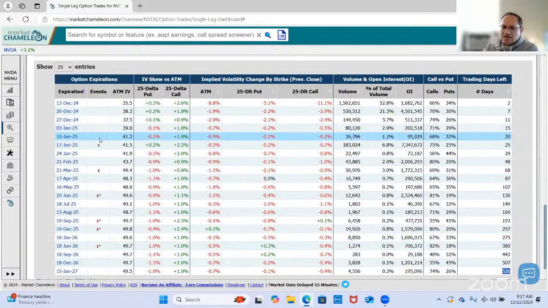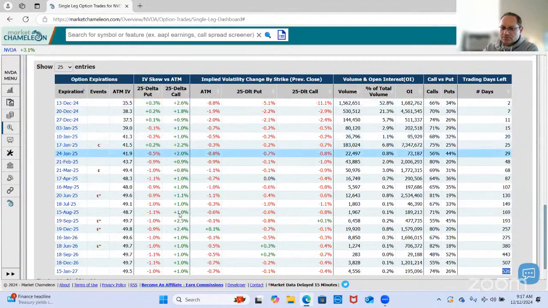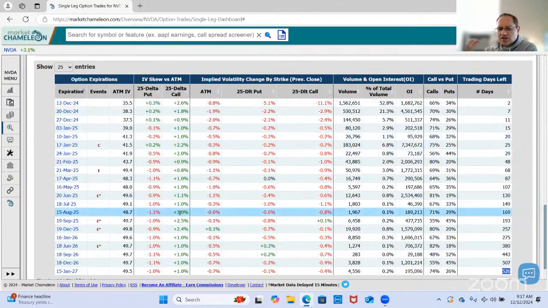In addition to that, we have this column here. When we're analyzing options expirations, it's important to know if there are special events that will cover that expiration that could create a catalyst event or more volatility.